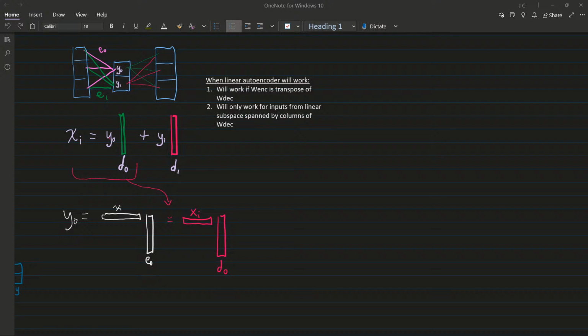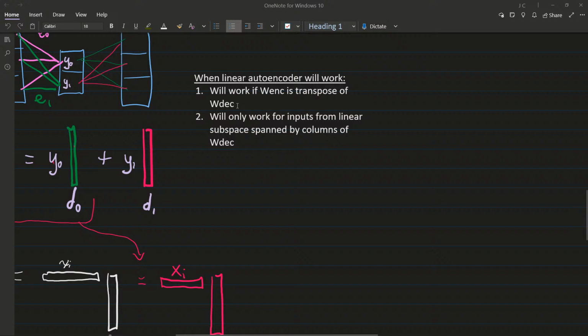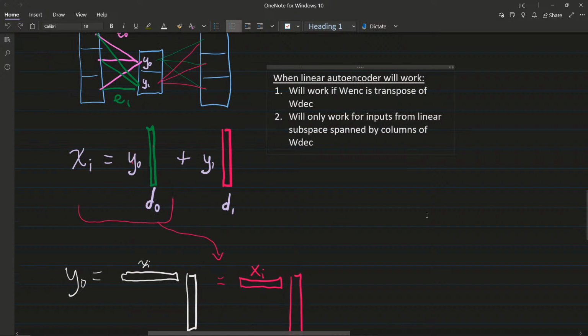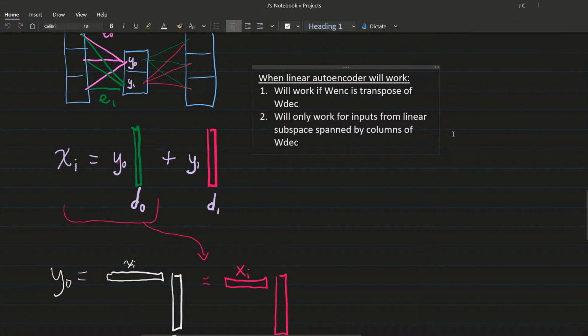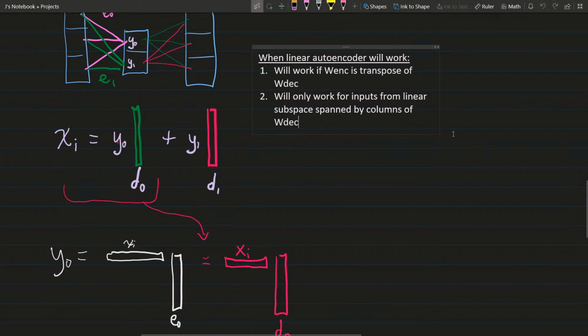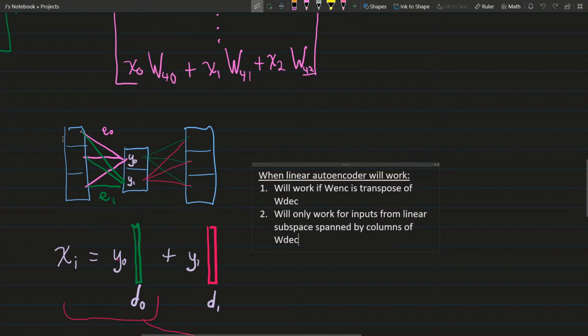Okay, so I think we kind of figured out the linear autoencoder, where we're mainly interested in the concept of where our data is images. So basically, let's say we vectorize the images.